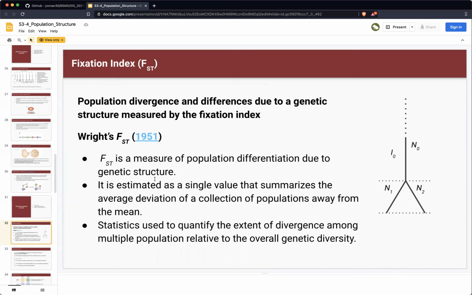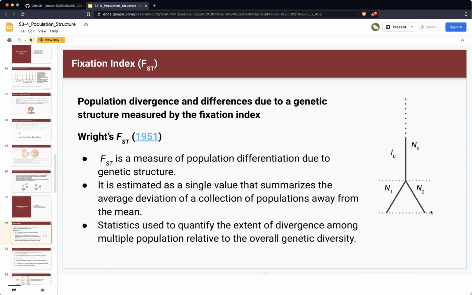And FST, as I mentioned, is a measure of population differentiation due to genetic structure. So if you're looking at the lineage, then we'll have two different populations. And if you measure the fixation index between these two populations, we can measure how much they are different from each other, right?